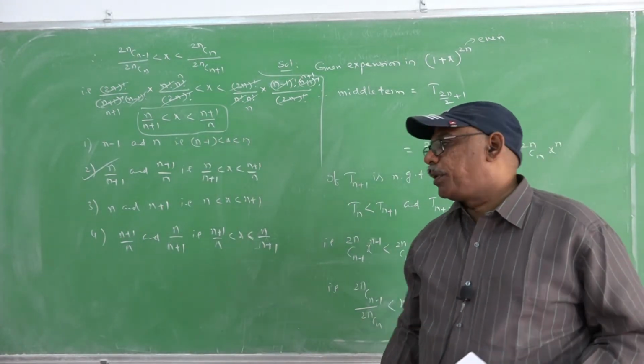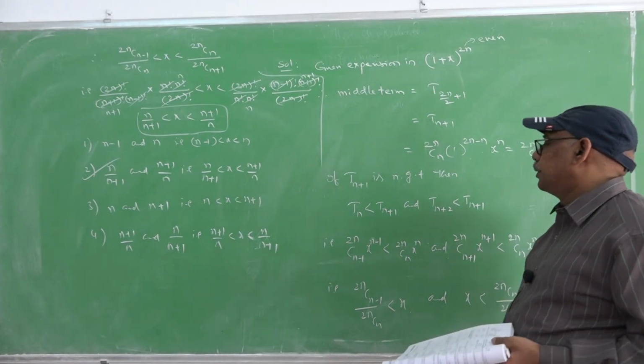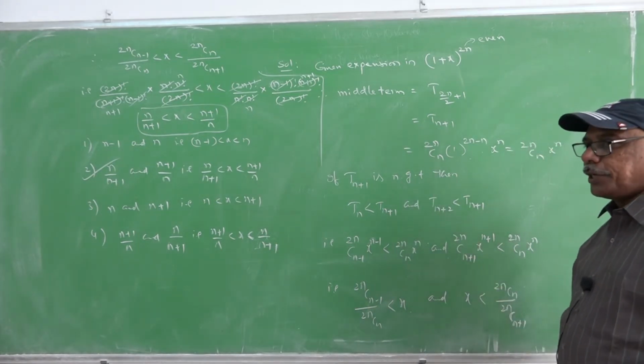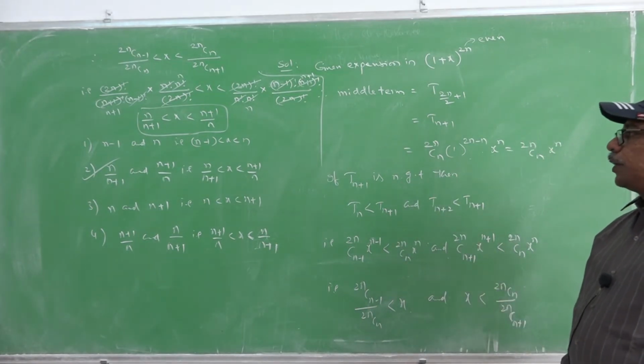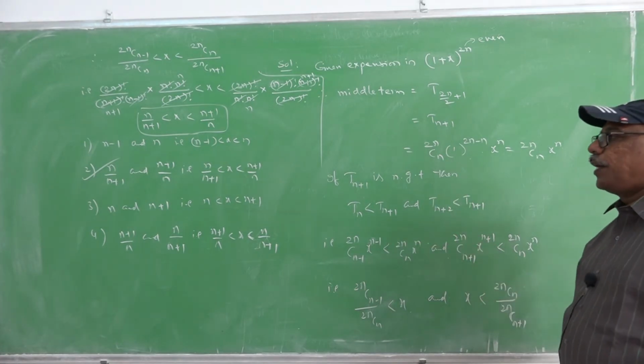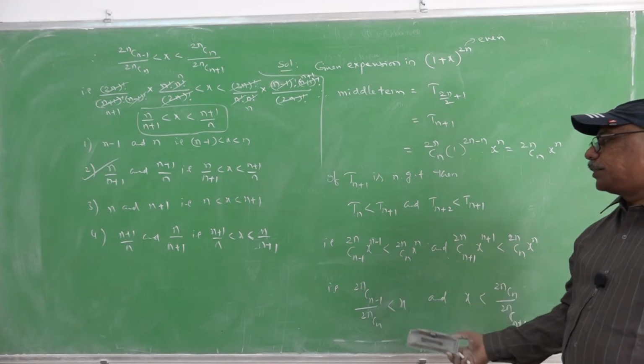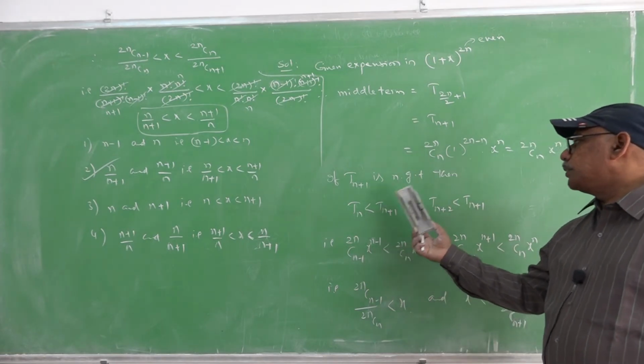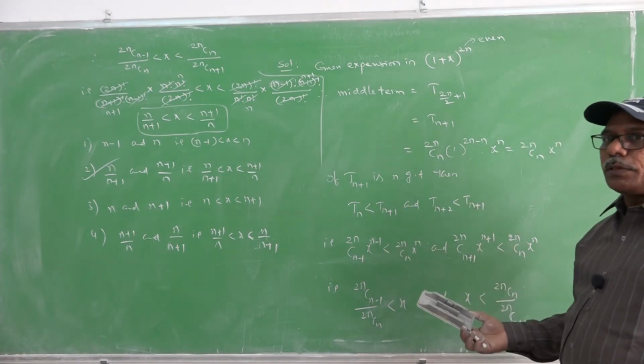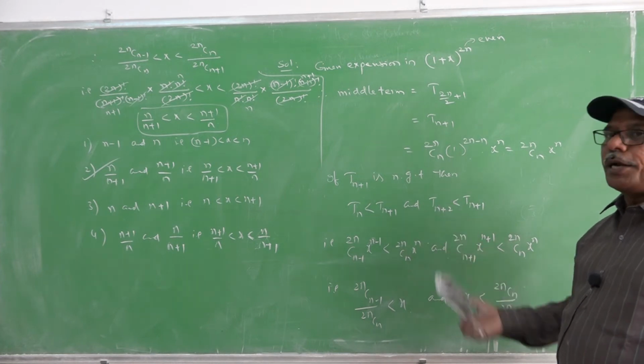This is one important problem related to the numerically greatest term. For finding the range of x, in such a case, we can go like this. T n plus 1, the n plus 1th term, is the numerically greatest term.